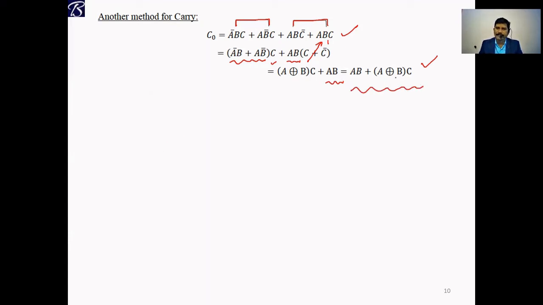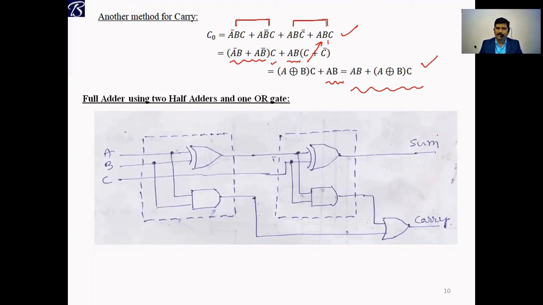Now using this expression, let us draw the diagram. See here, this sum is 2 XOR gates. Here A XOR B and here A XOR B XOR C. This is okay. Now considering carry, here observe this expression.